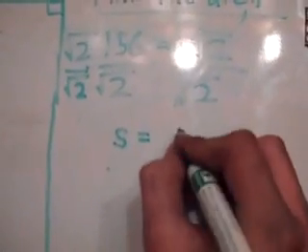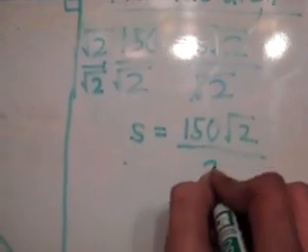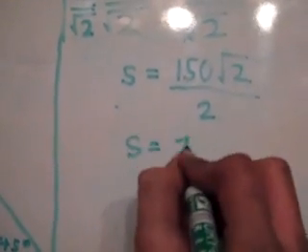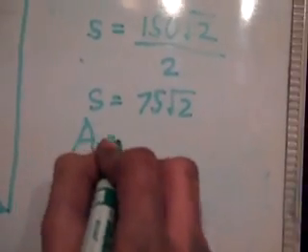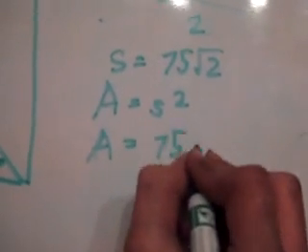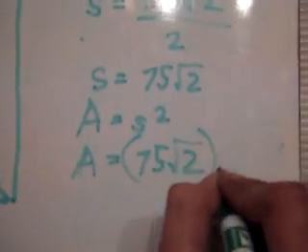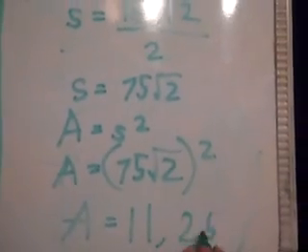From that, we get s equals 150 root 2 over 2. So s equals 75 root 2. And since the area of a square equals s squared, the area of the square equals 75 root 2 quantity squared. So we get 11,250.